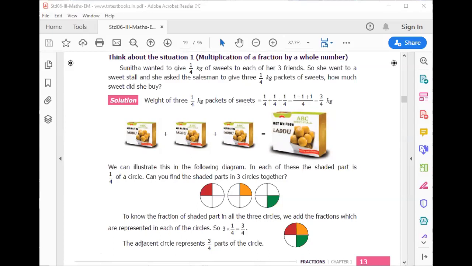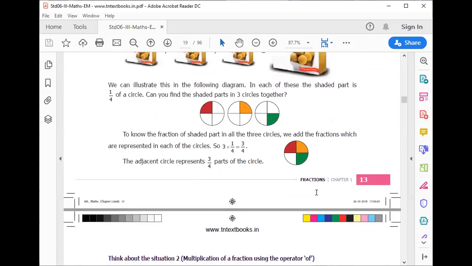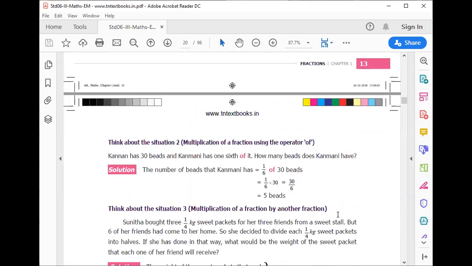I don't think the book has done it. No, the book did not do it, but it is a good idea to do that.